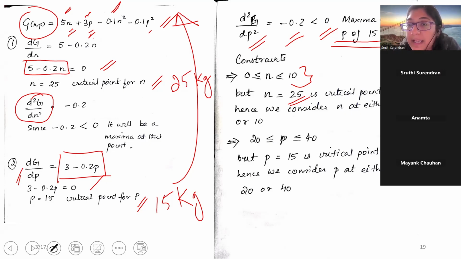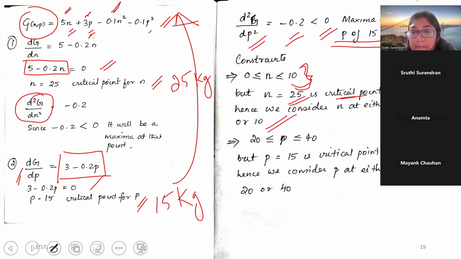So we either take N at 0 or N at 10. We don't take N at 25 at the critical point, because by equation, yes, it can give a maximum growth, but in reality, this much quantity is going to be toxic to the plant. So we constrain the value of nitrogen to 10 kilograms, or we also check the value at 0 kilograms.